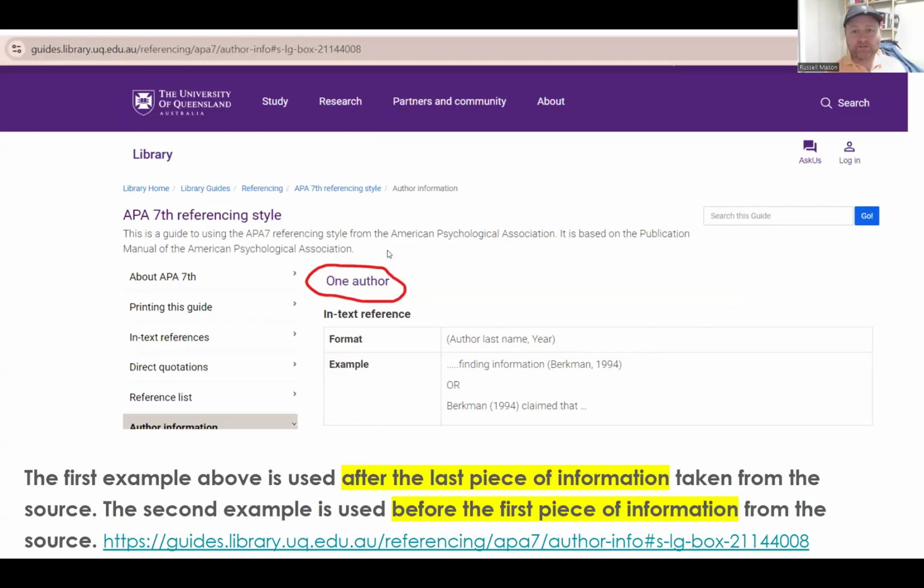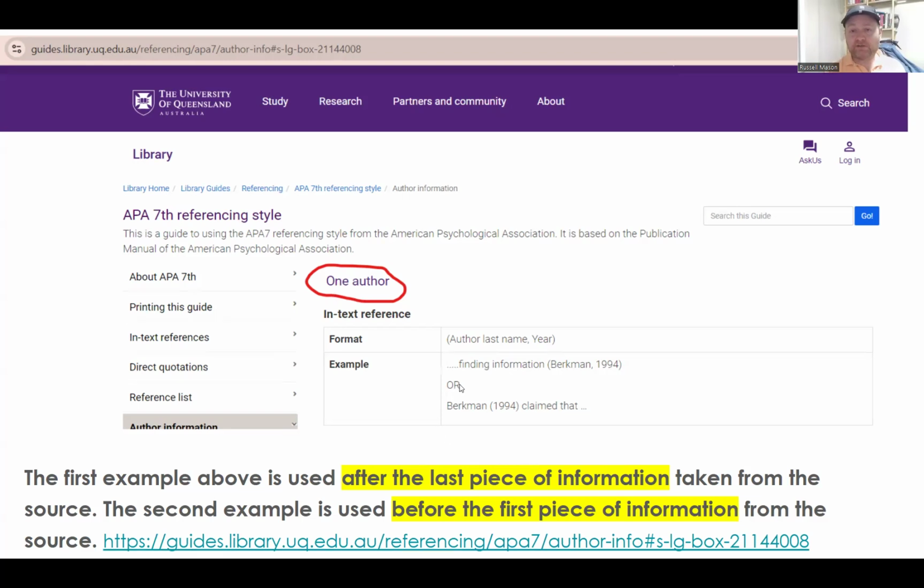If there is one author, then what you need to do is either put the name at the end after the information. So we put it inside the parenthesis, the family name, a comma, then a space, then the year of publication, then the second parenthesis, the second bracket, and then we put the period if it's the end of the sentence.